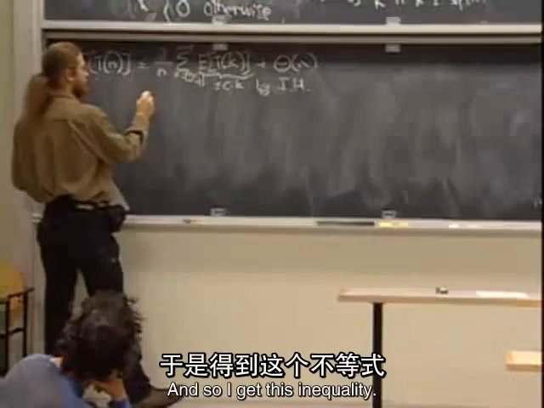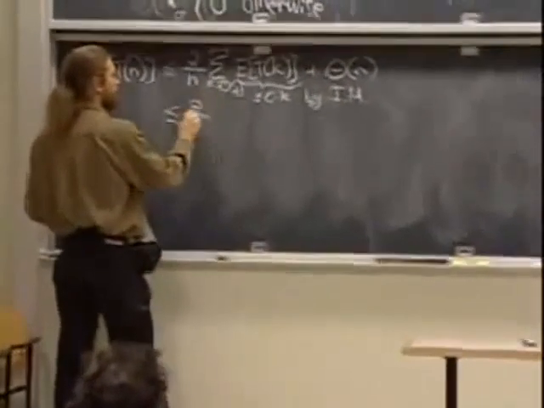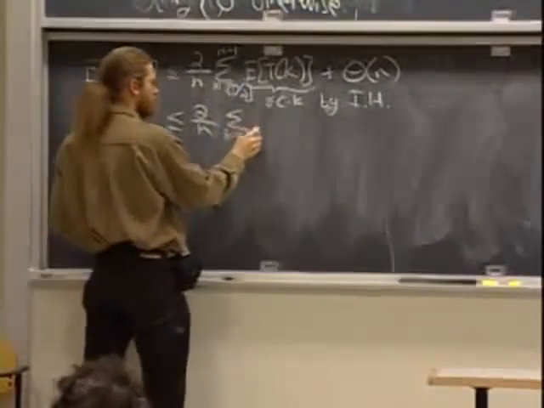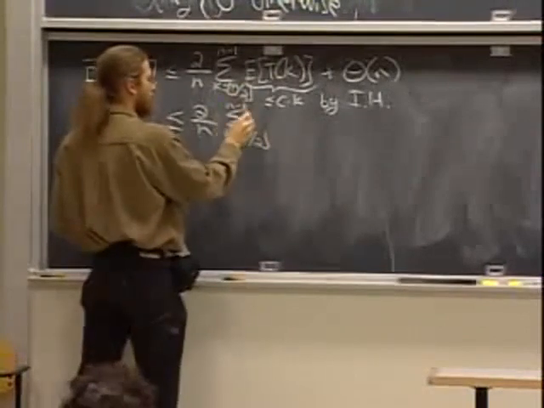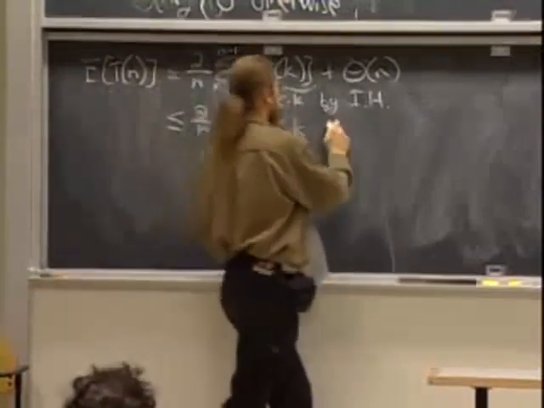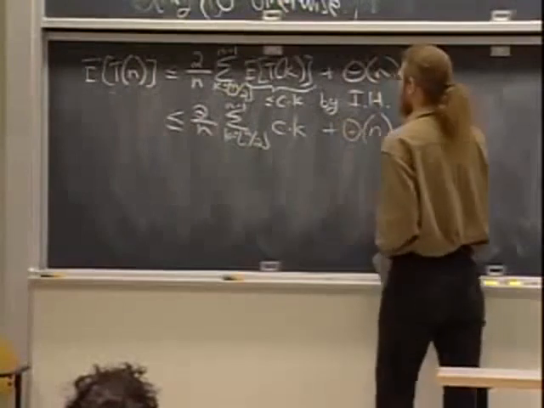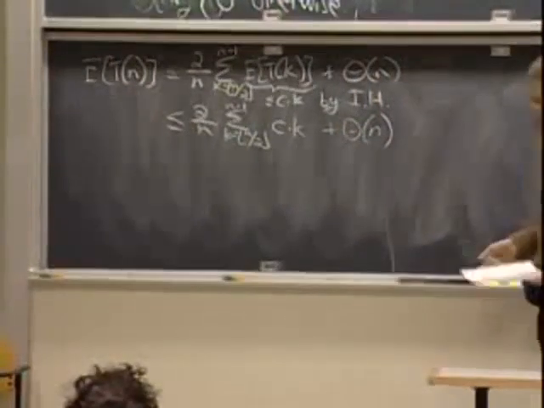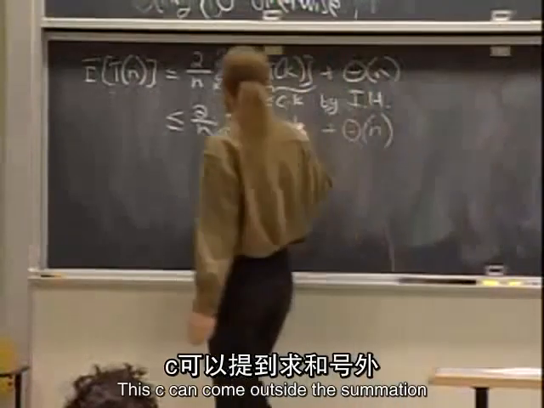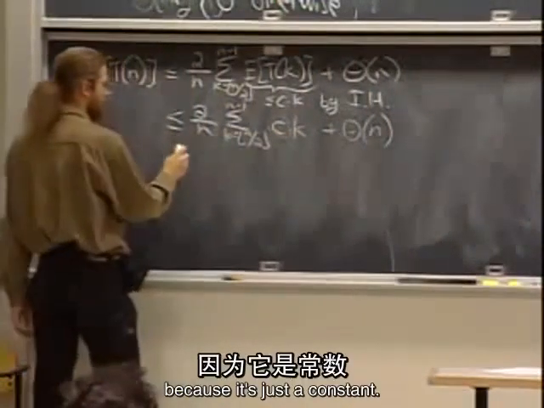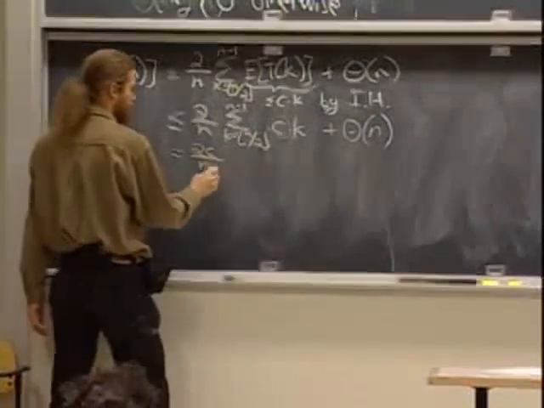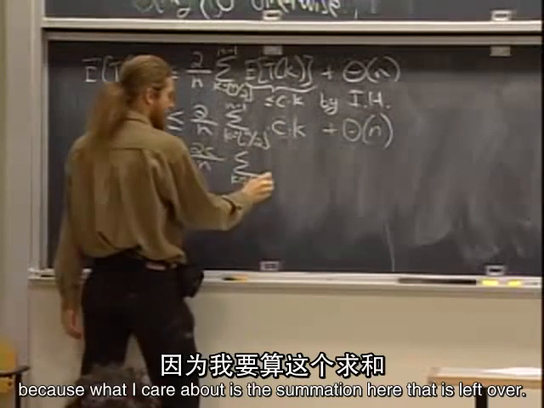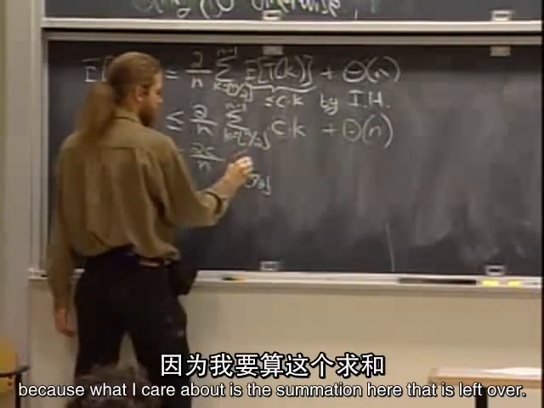And so I get this inequality. This c can come outside the summation because it's just a constant. And it's going to be slightly tedious writing this down again, because what I care about is the summation here that's left over.